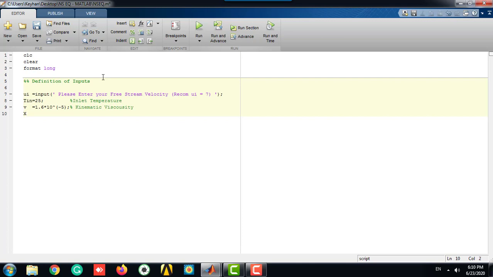After that, we define the length of the plate as 1 meter. Next, we define the Prandtl number, which is 0.71 for air.